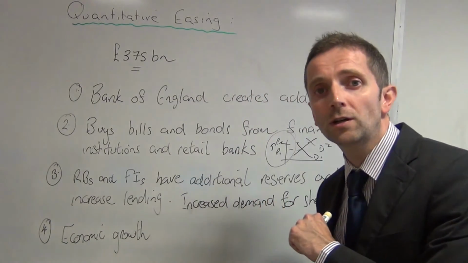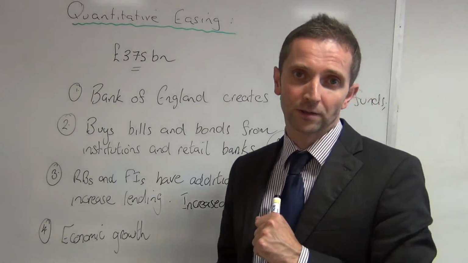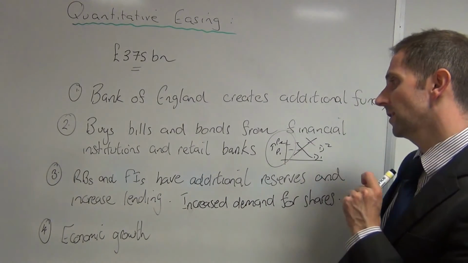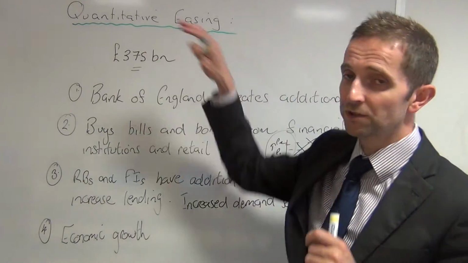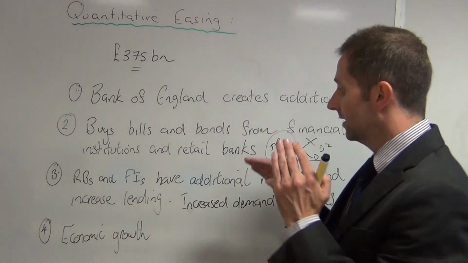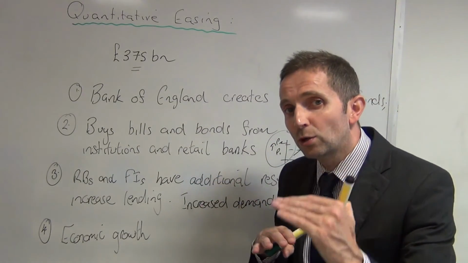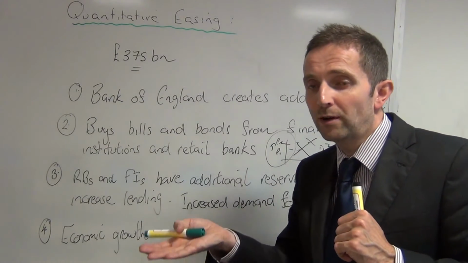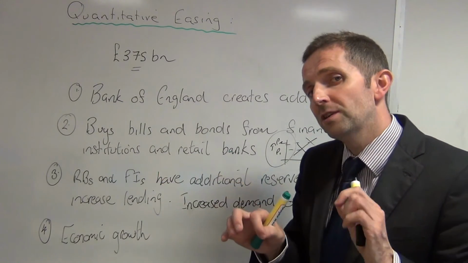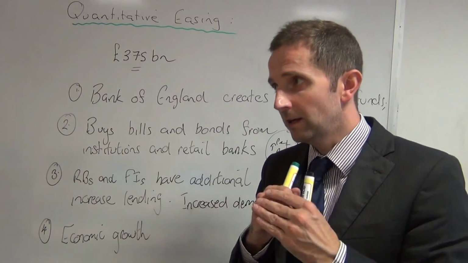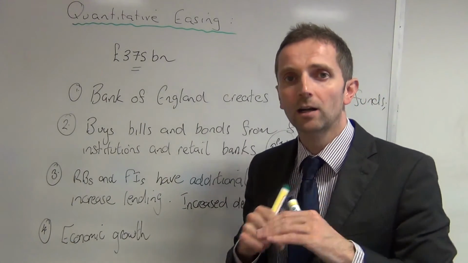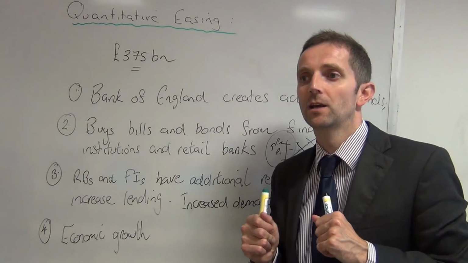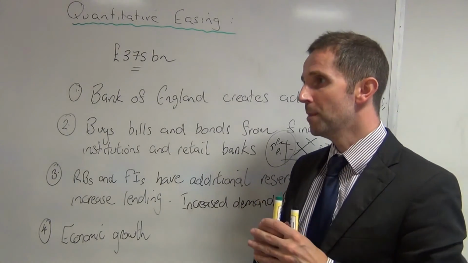Where else might they look? They might look to the stock market. And so another thing which may happen as a consequence of quantitative easing is that there will be more investment in stocks and shares on the FTSE, and as a consequence of that, share prices will go up. But of course, as you know, when you buy a share from a company, you are in effect lending them some money.